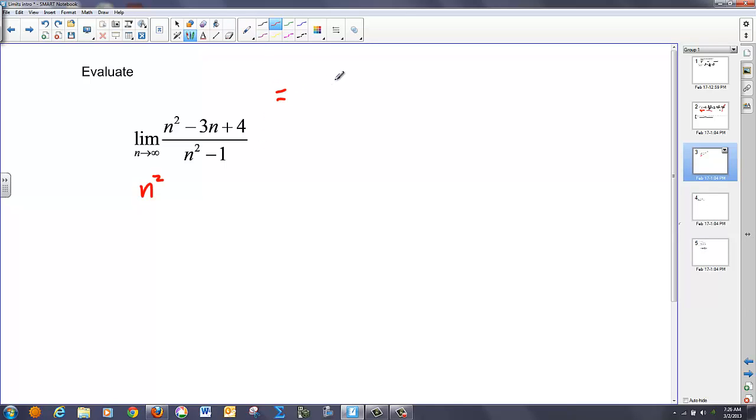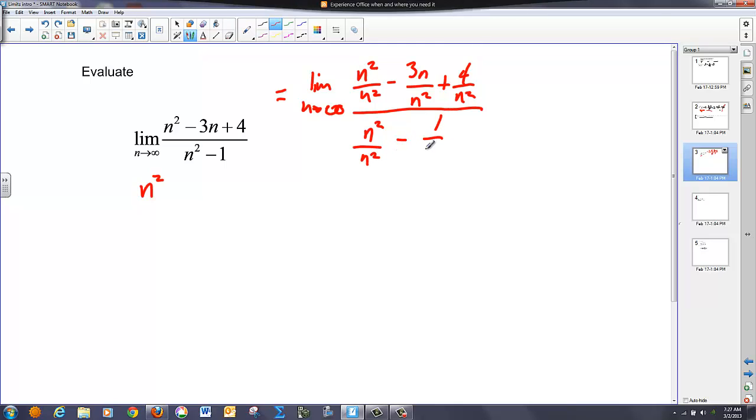So we go up here and say I have the limit as n goes to infinity of n squared over n squared minus 3n over n squared plus 4 over n squared over n squared over n squared minus 1 over n squared. And I'm going to reduce all of that.